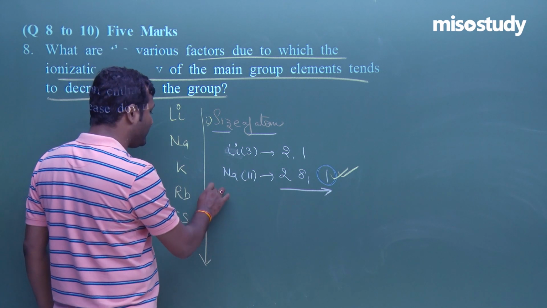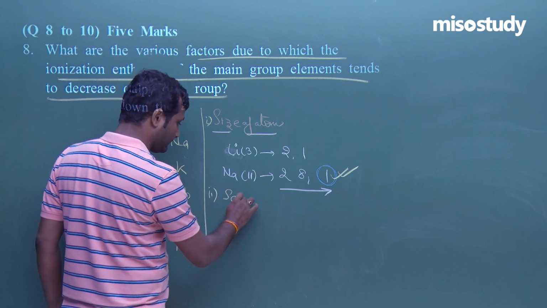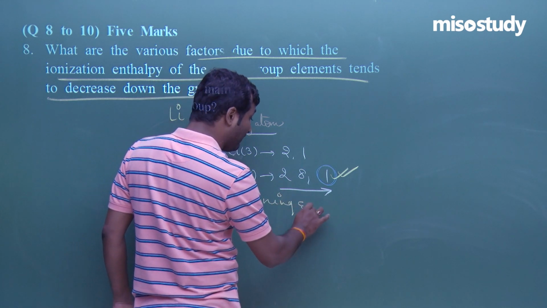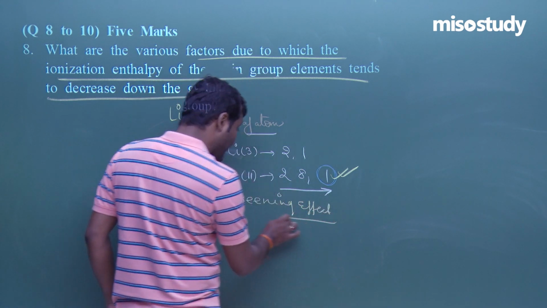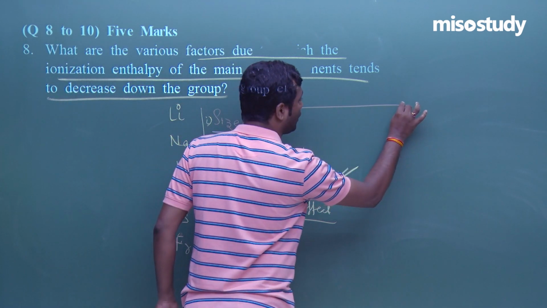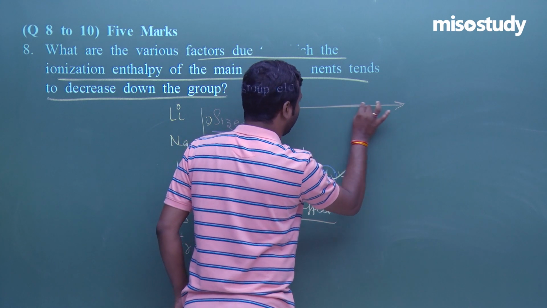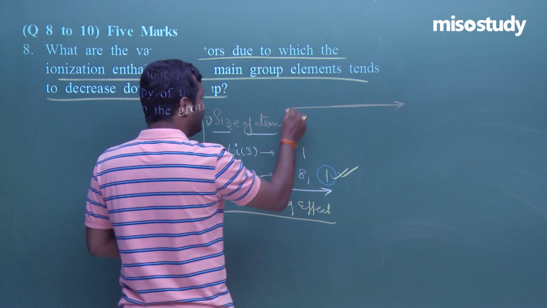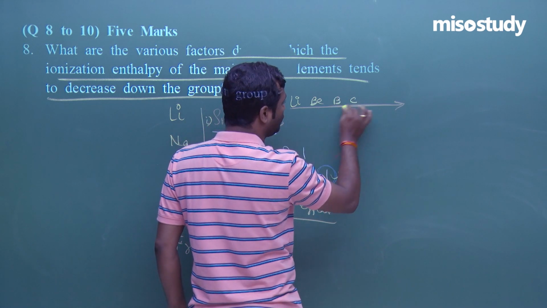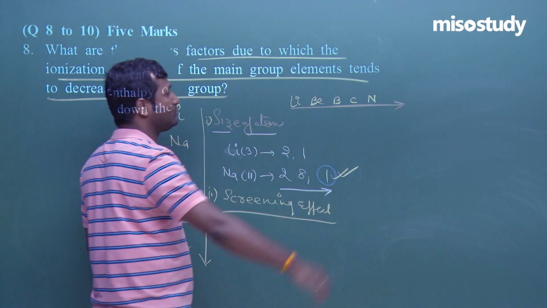Second one is generally we say the screening effect. But this effect dominates, listen carefully, when we move along the period, my friend. That is from lithium to beryllium, beryllium to boron, boron to carbon, carbon to nitrogen, and so on.